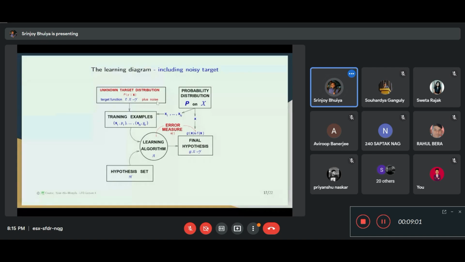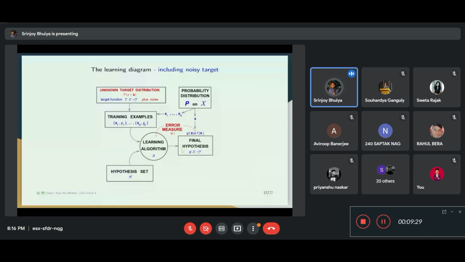So you need to make an educated guess about what that will be, and that educated guess is your function g. Now how will you find this function g? You will take some training samples, which we defined by x1, y1 to xn, yn, and then we'll use a learning algorithm to find the final model which you want.